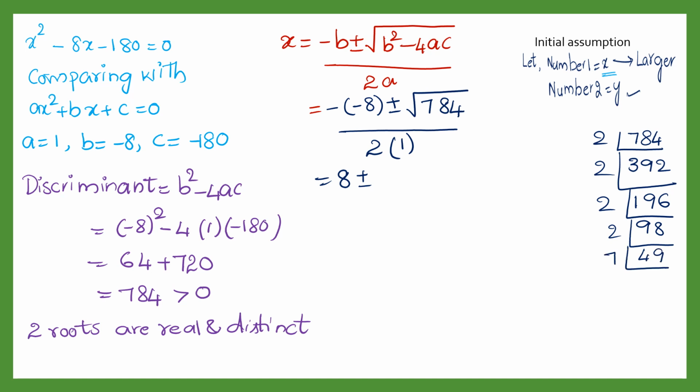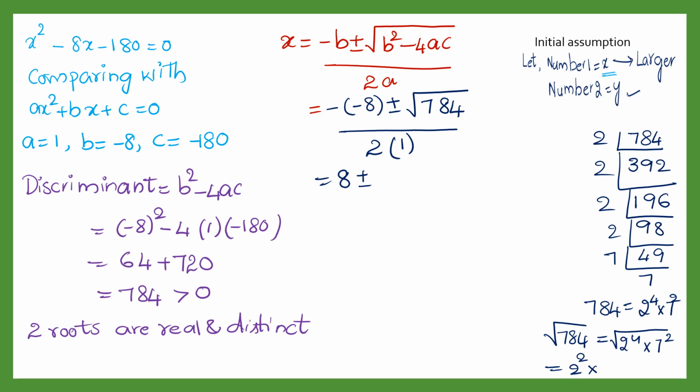Next 7 sevens are 49. So 784 is 2 power 4 into 7 square. So 2 we have 4 times. So root 784 will be what? Root of 2 power 4 into 7 square. Root of 2 power 4 means 2 square.